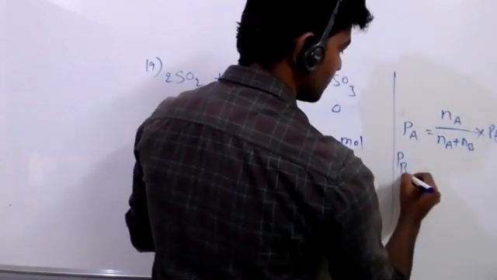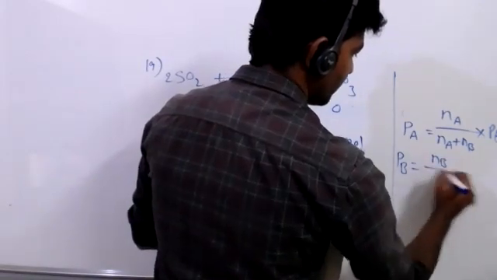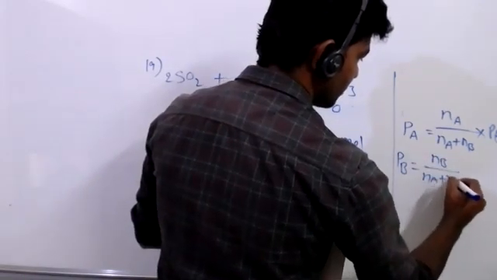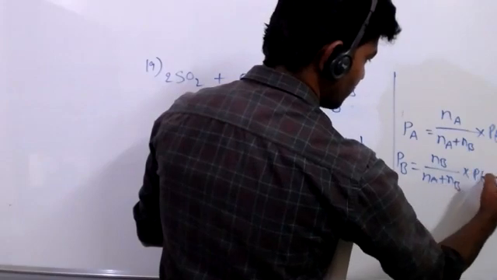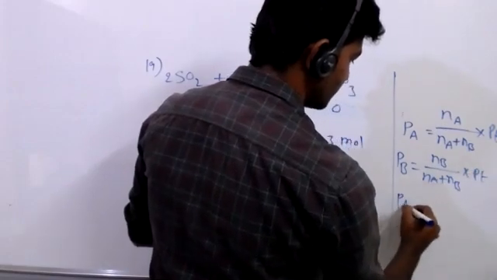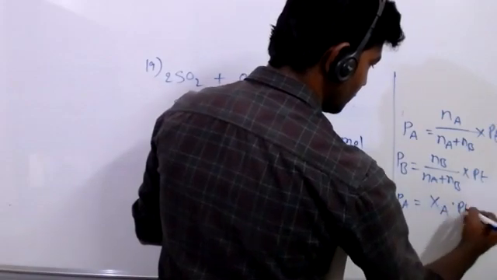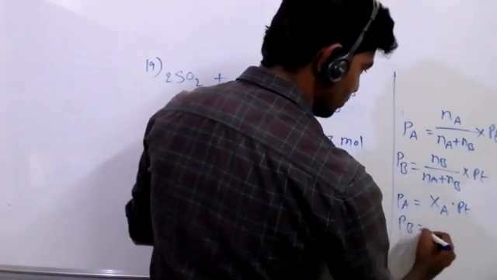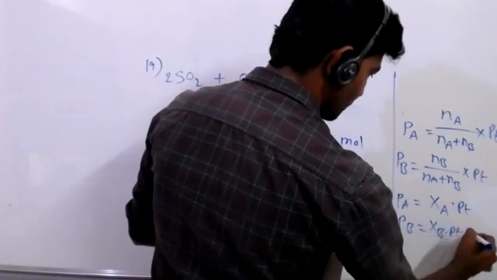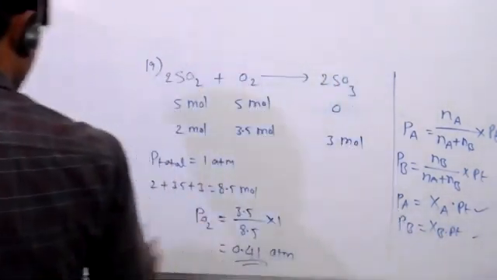For B, it is Nb divided by Na plus Nb into P total. Otherwise, simply we can write PA is equal to mole fraction of A into P total, and PB is equal to mole fraction of B into P total. That formula will be applied here.